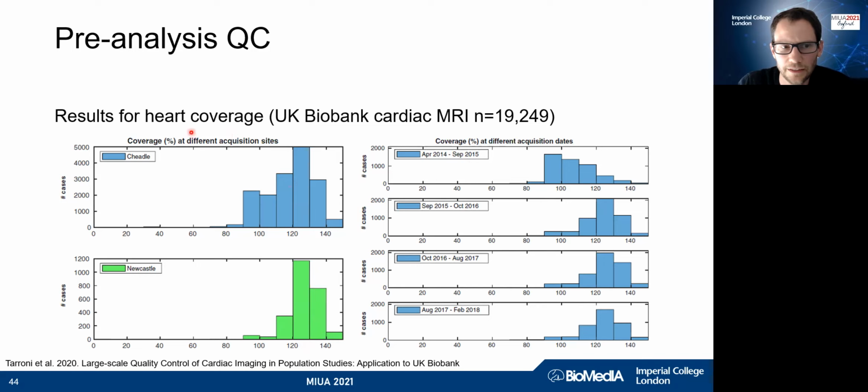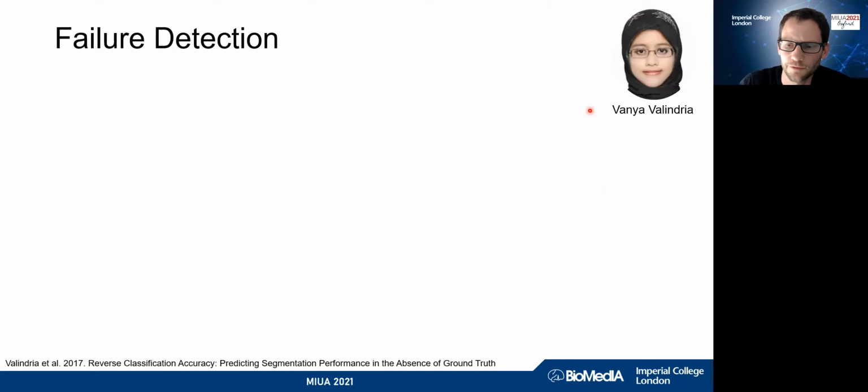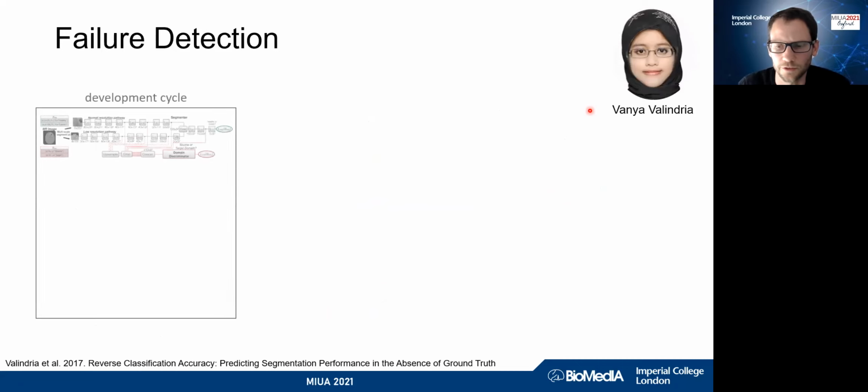In particular, I think Chile had in the beginning, so you can also do this by time, some issues where sometimes the heart wasn't fully covered in all the cardiac MRI scans, and then over time this got better and better. You can do these analyses while you are acquiring data, so it might actually be useful to give this as live and real-time feedback to the person who's doing the image acquisition.